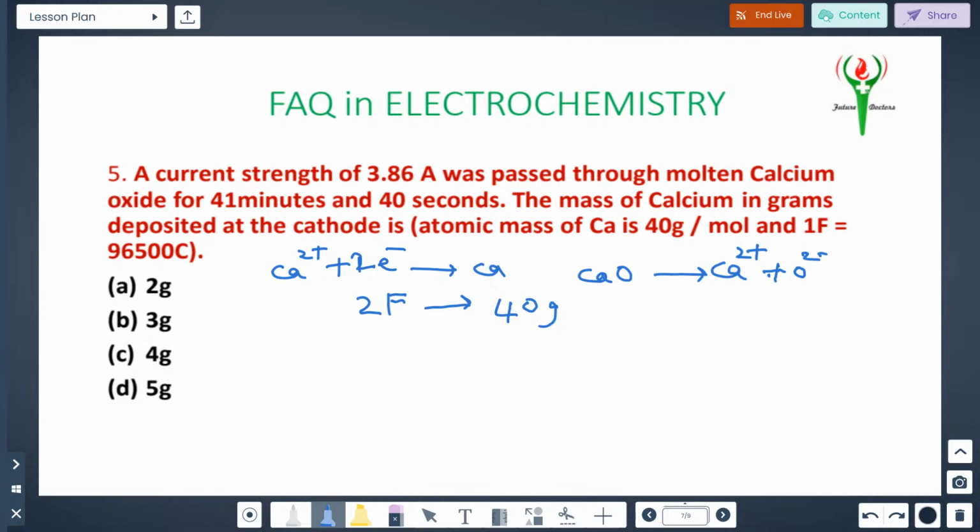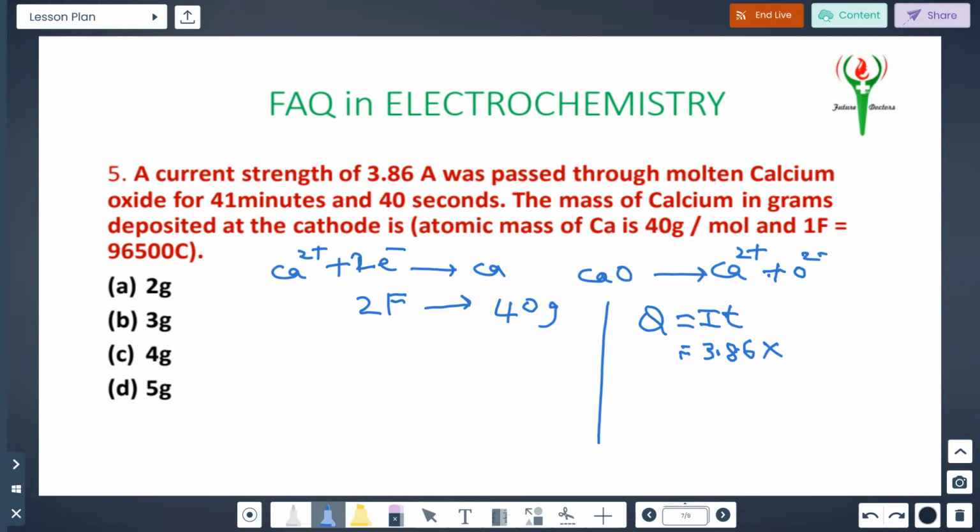Now we have one formula: Q is equal to I T. In the question, how much current are we passing? 3.86 ampere. Time should always be given in seconds.